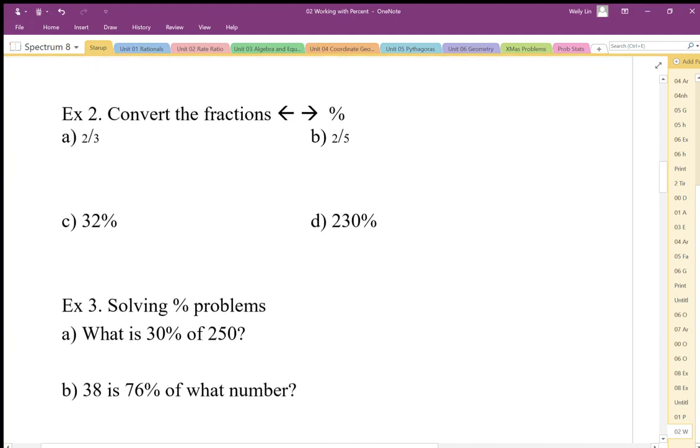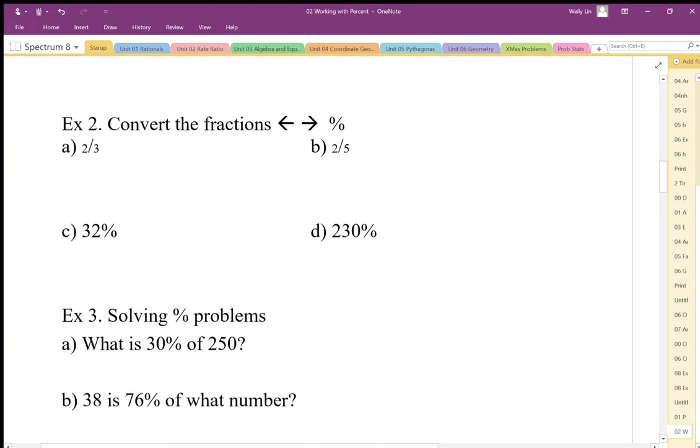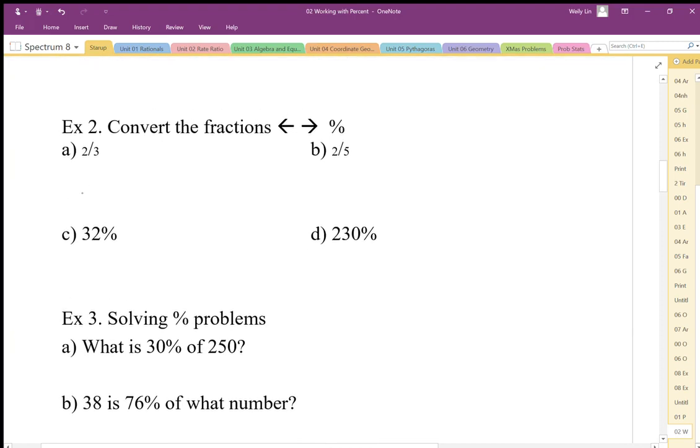Okay, so how do we convert these from fractions to percentages? Well, 2/3 as a percentage, we're just going to divide. We get 0.66 repeating. Okay, as a percentage, we can write it as 66.7% when we round it. Okay, we can make sure that we understand this as a proportion.